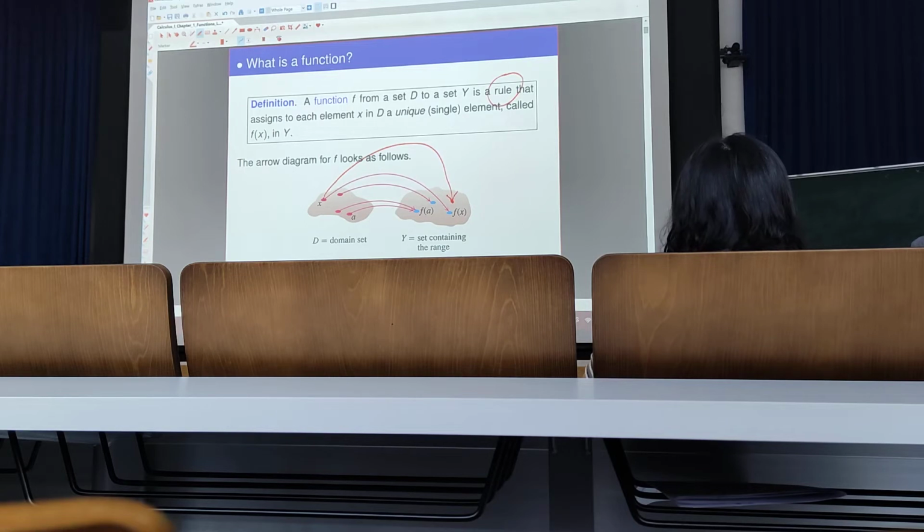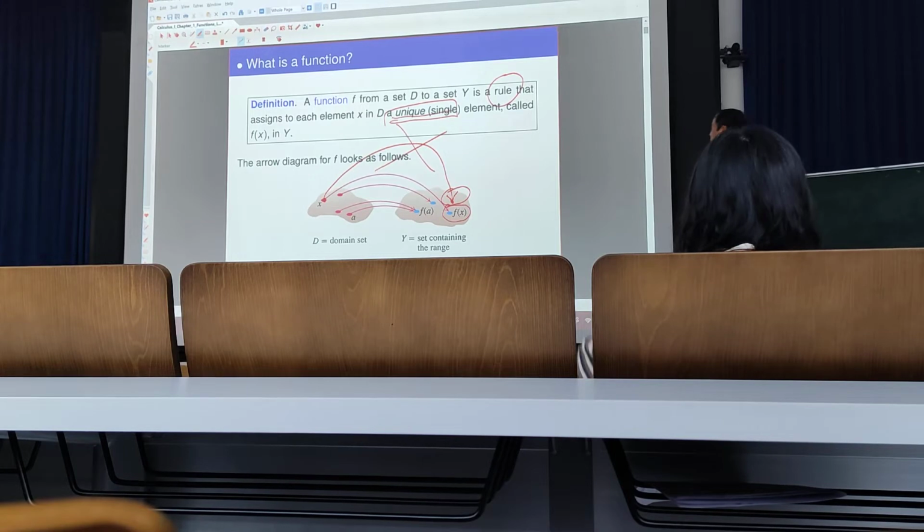It's impossible, because this and that are different values if we think about a point x. Impossible. Only one is the destination. Okay? That's the function.